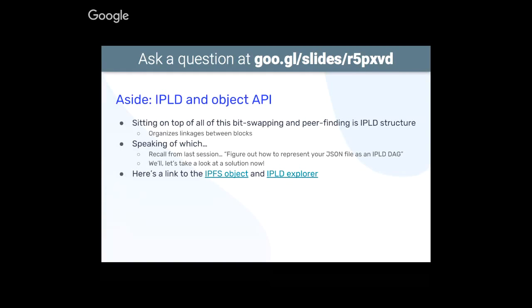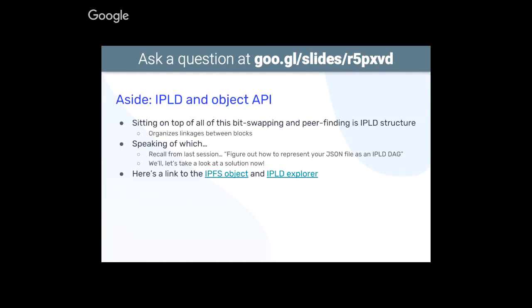So speaking of which, in our previous session, I mentioned in the homework or challenge section that you should try to figure out how to represent your JSON file as an IPLD DAG object. And maybe some of you tried this or played around with the DAG Explorer a little bit. For those of you who didn't, or who would like to see how you might do something like this, we'll take a quick look at a possible solution right now.